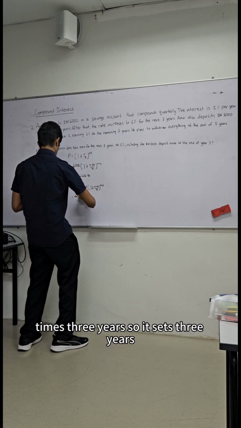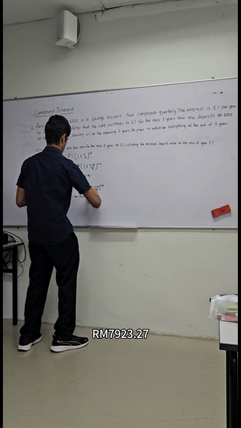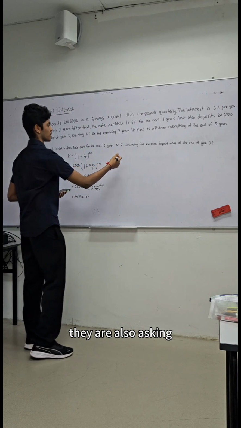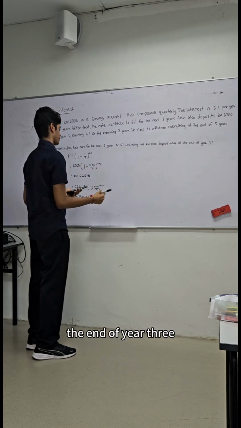It says 3 years. When we do it, we will get RM7,923 ringgit 27 cents. They are also asking, including the RM3000 deposit made at the end of year 3.